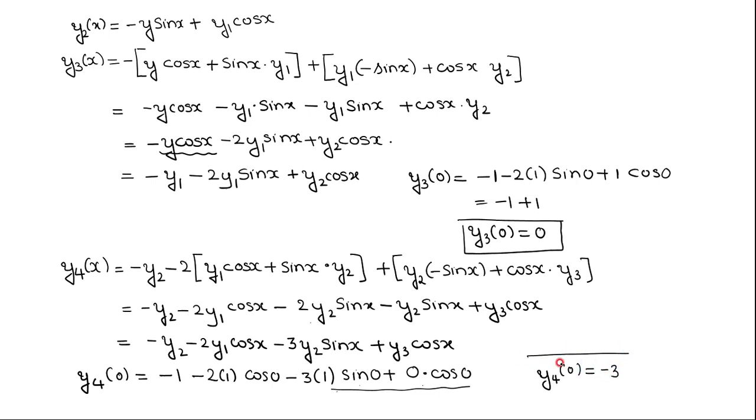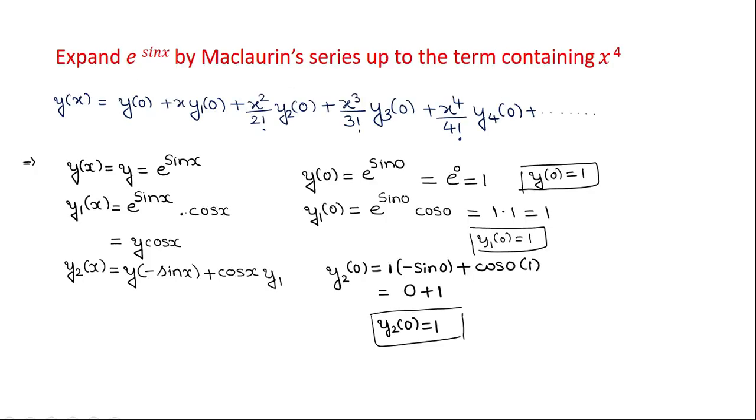So since the question is asked only up to x raised to 4, we'll find the derivatives up to fourth order derivative. Substitute all of this in the Maclaurin series given by this expansion.